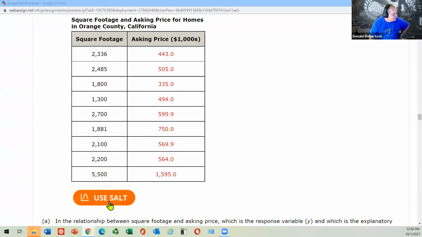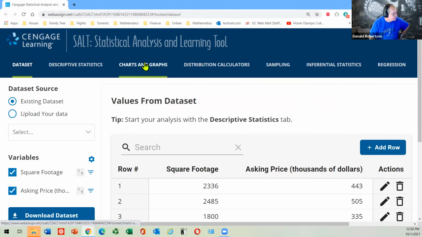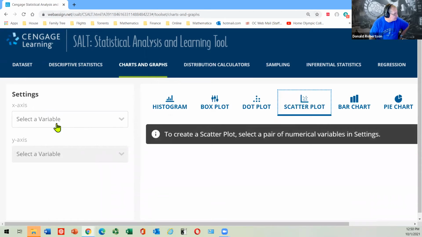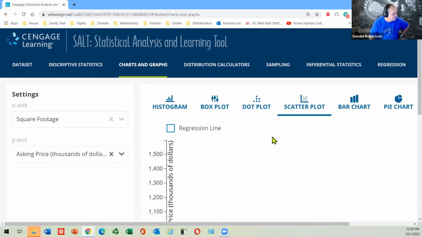If you hit the SALT button, you get this. I'm going to go to charts and graphs. I'm going to hit scatter plot, and square footage and asking price.